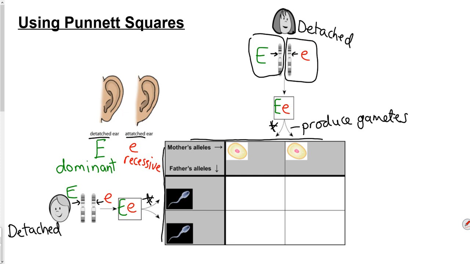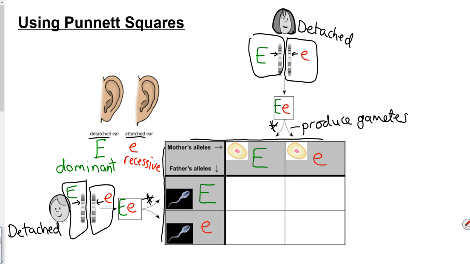So we also have to separate the alleles. Big E will go into half the eggs the mother makes, and little e will go into the other half. Similarly, for the father, when he undergoes meiosis to produce sperm cells, 1 chromosome from this pair will go into half of the sperm. They will get the big E, and the other one will go into the other half. They will get the lowercase e.